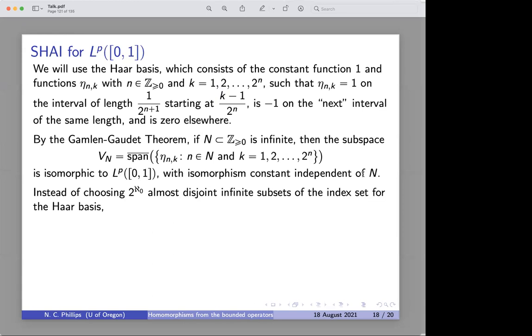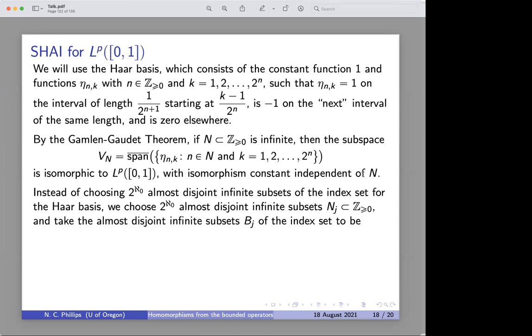And so now instead of choosing just 2 to the Aleph 0 almost disjoint infinite subsets of the index set, I'm instead going to choose 2 to the Aleph 0 almost disjoint infinite subsets Nj of the non-negative integers. So that's going to be this.